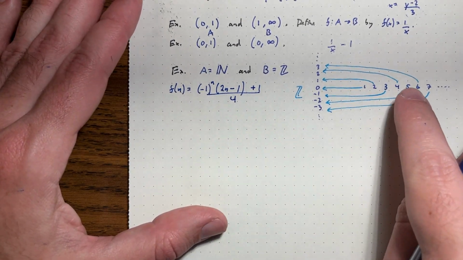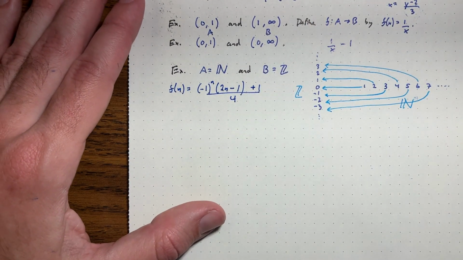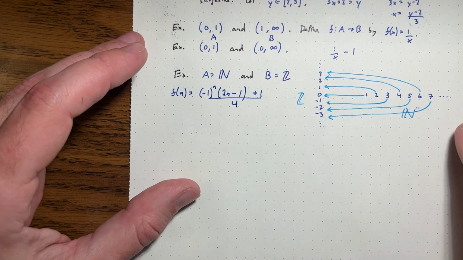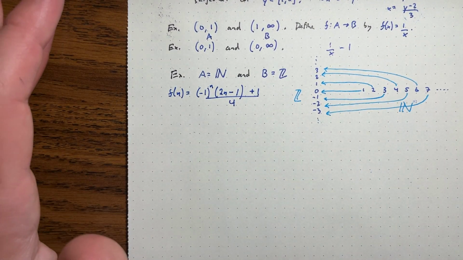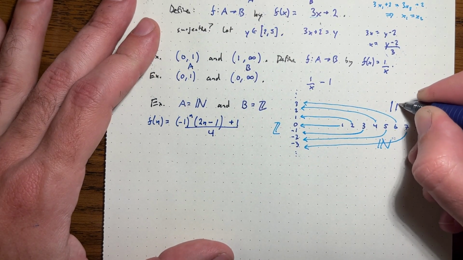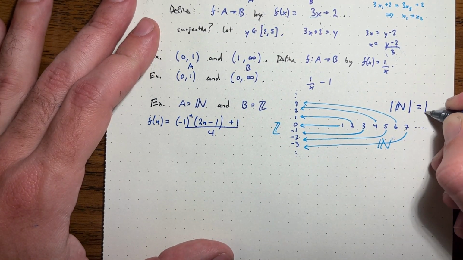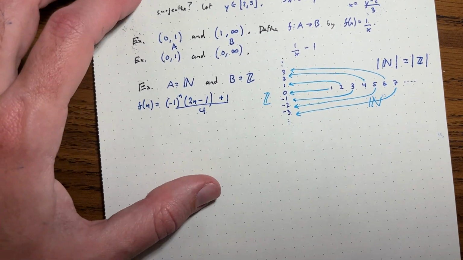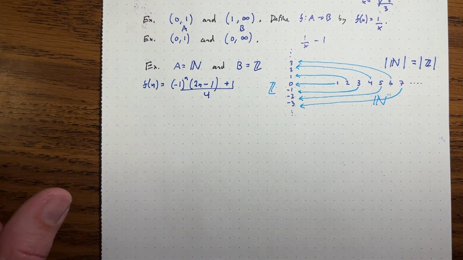So if I did that right, that formula should map these to these, and it should hit everything. So there's an explicit formula. We don't even need that though, right? Not every function needs to have a formula. So what's the conclusion here? Actually, these two sets have the same cardinality. There are just as many natural numbers in some sense as there are integers. You can create a bijection between the two.